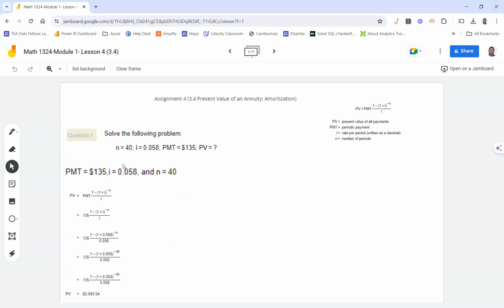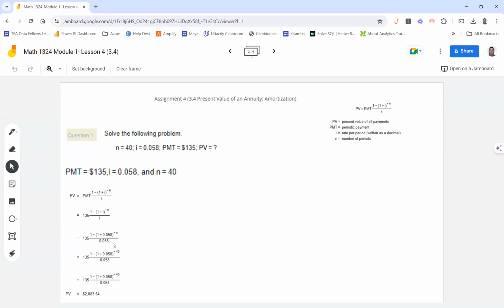Question number 1. N is given as 40. I is 0.05. PMT is $125. So we want to find the present value of this debt. Present value PV is going to use this formula: PMT times 1 minus parentheses 1 plus our I value to the power of negative n, in this case negative 40, all over the I value.